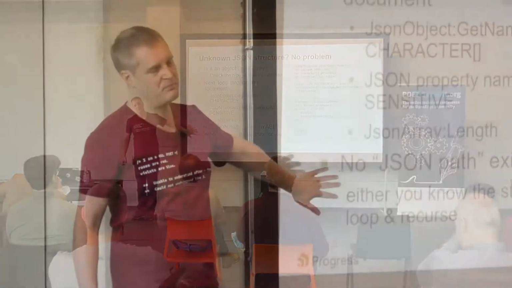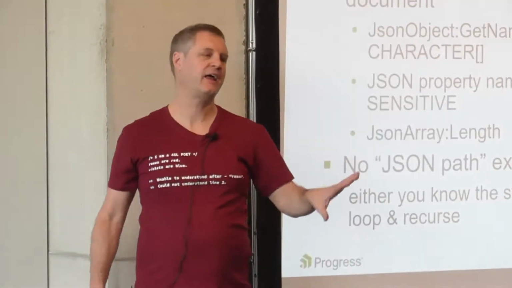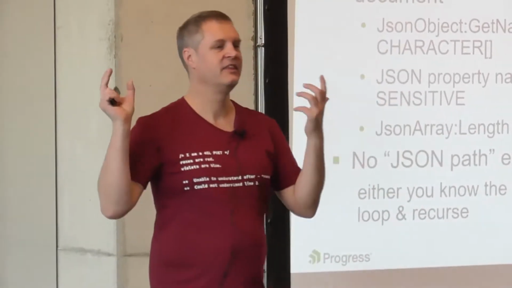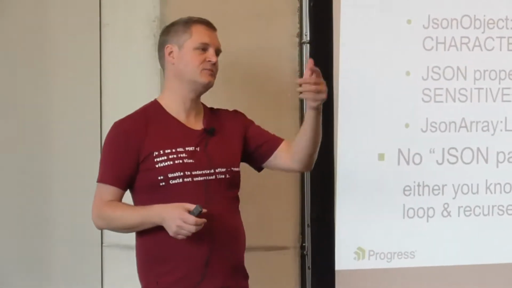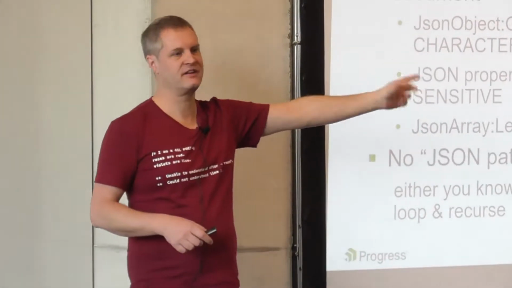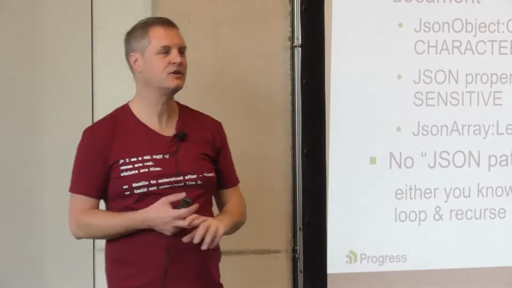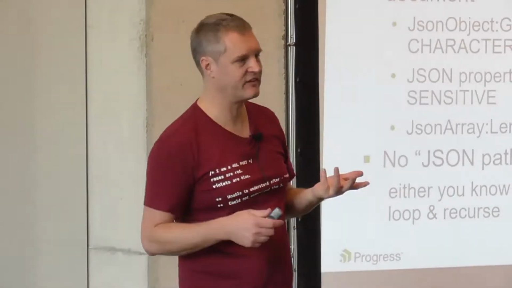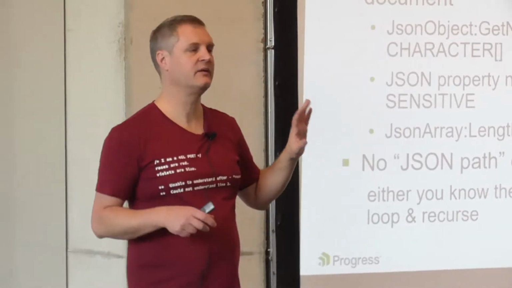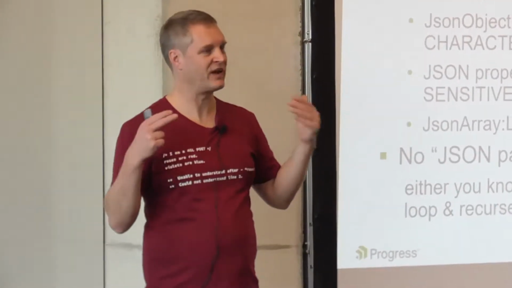If there was a JSON path and we had runtime annotations, that's a nice combination, because you could say on an object, this property gets its data from that JSON path, and then you could just read the doc and go down. And you can build all of that stuff yourself in ABL. I'm not going to talk about that today, but that's a good way of doing it, right?